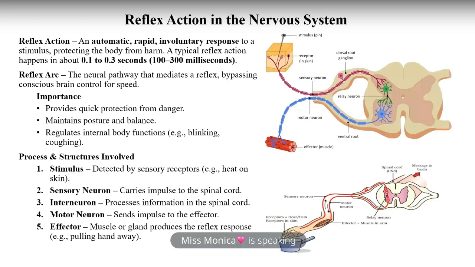And the sensory neurons will carry the impulse to the interneurons. Excellent. Then the interneurons would also, what will interneurons do? They will reprocess the information back to the motor neuron.